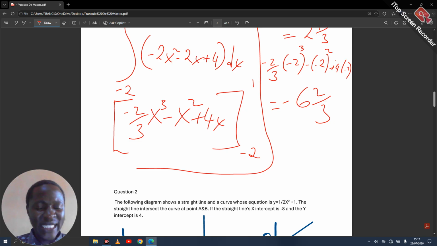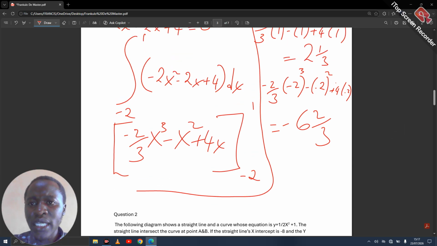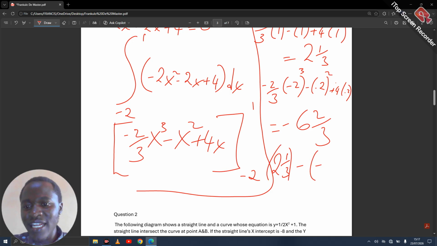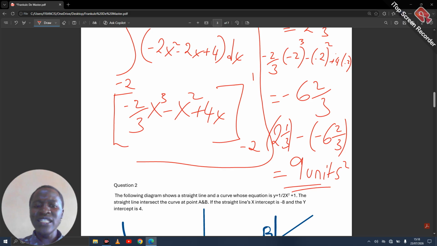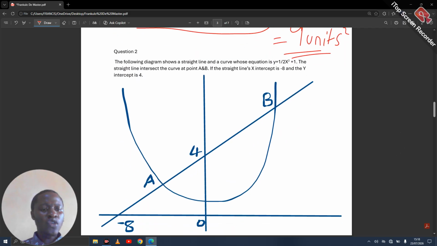It is now 2 and a third, subtract -6 and 2 over 3. So our answer there will be 9 units squared. So that is that. Question 2.